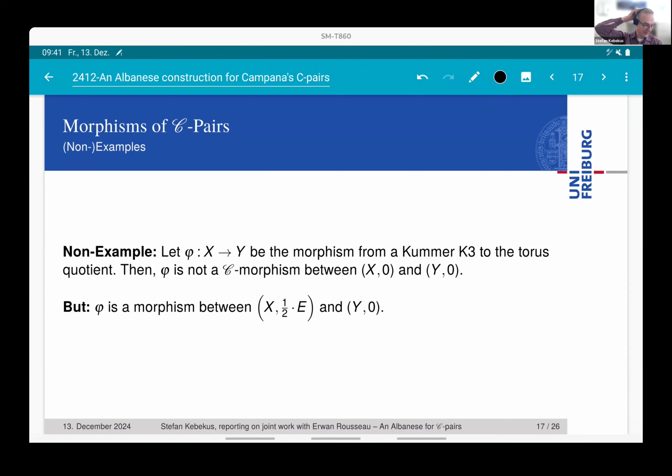So I believe that fundamentally this is correct. If you want this to be a morphism, you have to add the exceptional divisor with multiplicity 1/2, where 1/2 is of course the order of the local fundamental group.